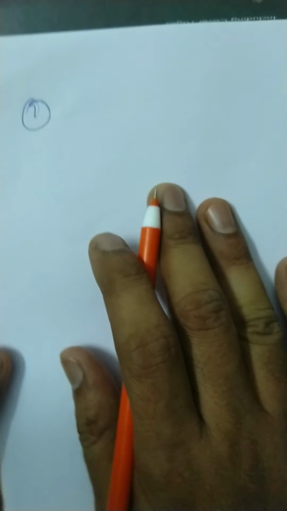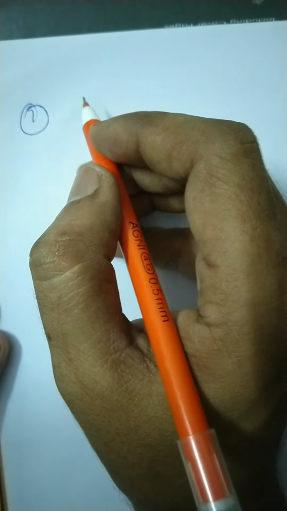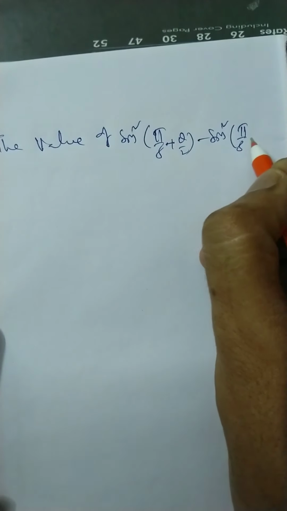Problem number 9. The value of sin square pi by 8 plus theta by 2 minus sin square pi by 8 minus theta by 2.